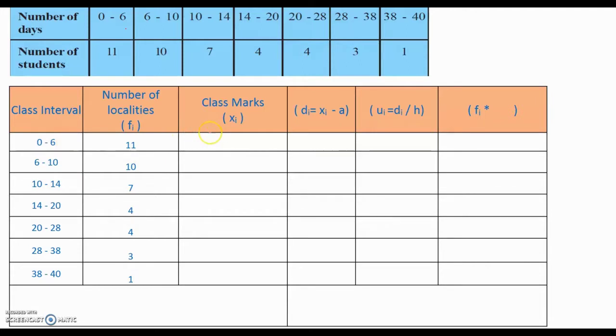So 0 to 6, what is the class mark? The class mark will be the midpoint, which is 3. 6 to 10, the midpoint will be 6 plus 10, 16 by 2, which is 8. 10 plus 14, 24 by 2, 12. 14 plus 20 is 34, 34 divided by 2 is 17. 20 plus 28, 48 divided by 2, 24. 38 plus 28 is 66, half of it is 33, which is the midpoint. 38 plus 40 is 78.